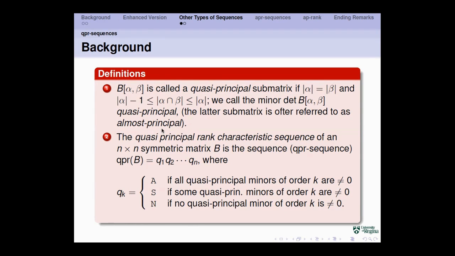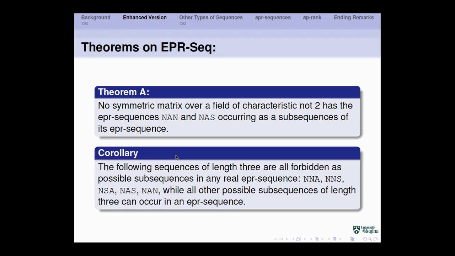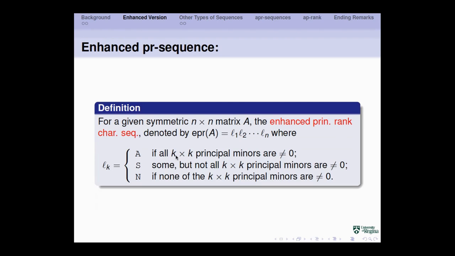Okay, so the question becomes, can we get after characterizing this sequence? And I want to remind you, and I know I went through this quickly, but we don't know how to characterize whether a given sequence of A's, S's and N's is an EPR sequence of a general matrix A. We don't have a resolution for that problem. I mean, we're searching for it.